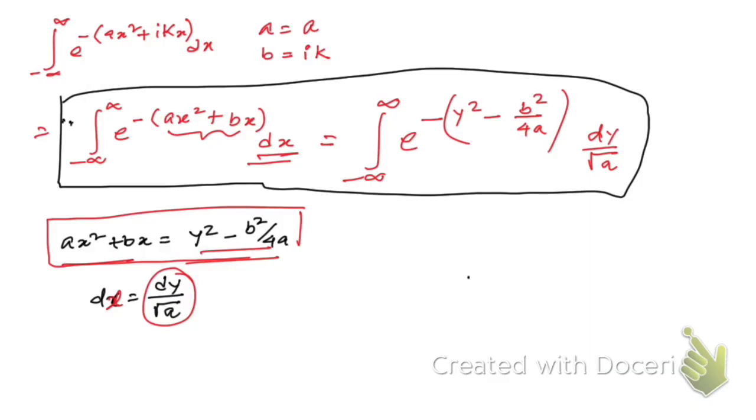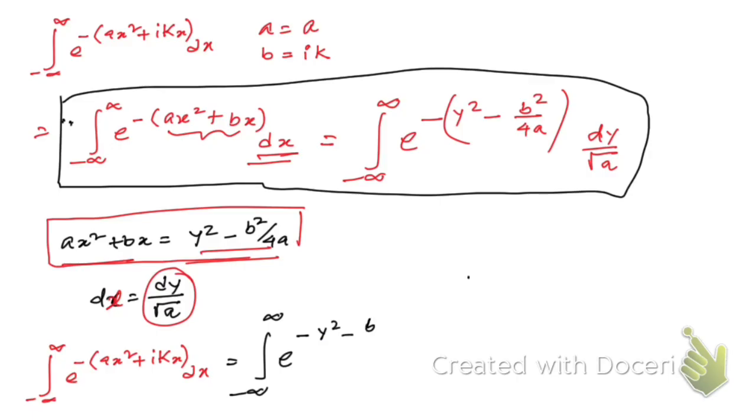So therefore this integral, what we have got, this can be written this way, minus infinity to plus infinity e to the power minus y square minus b square by 4a dy by root a, right? Because here we have considered this one as b.